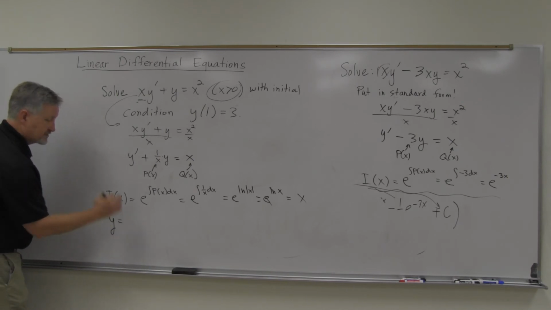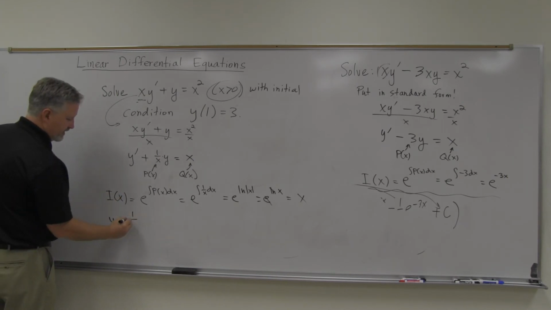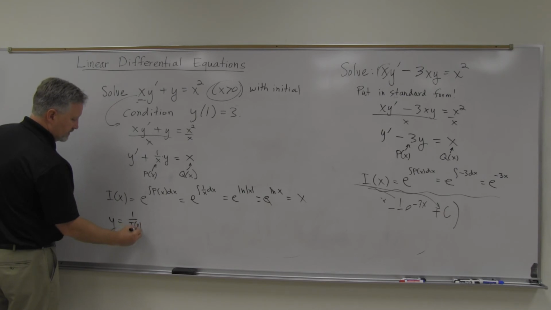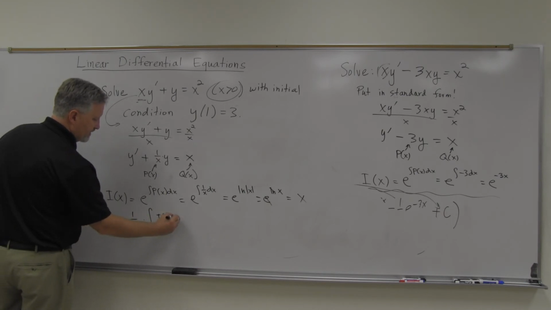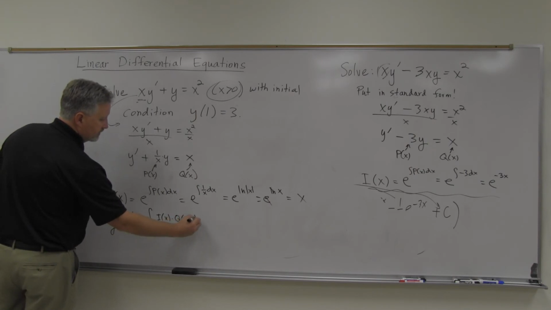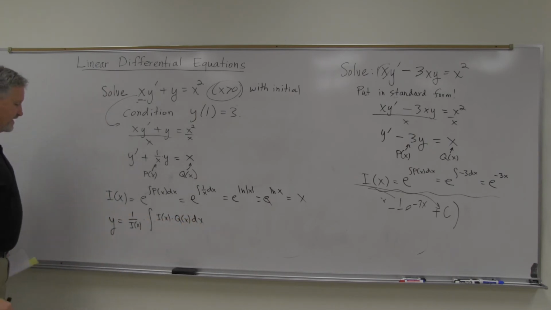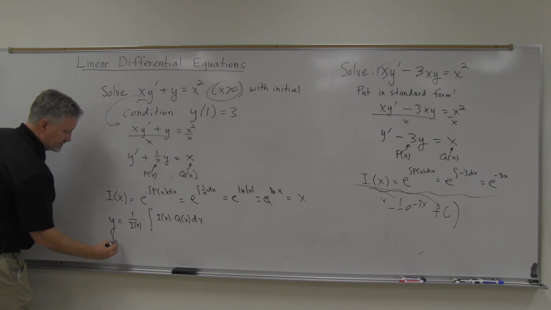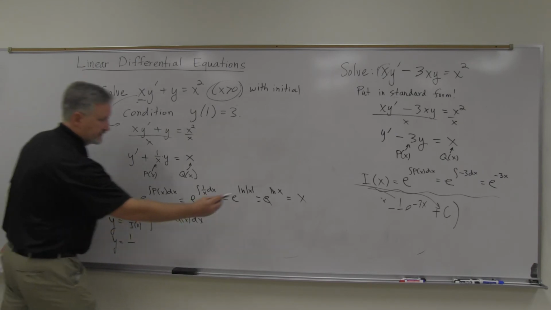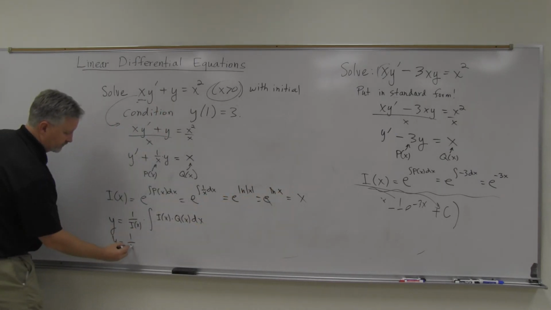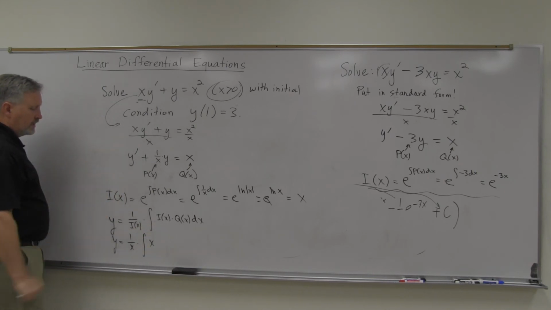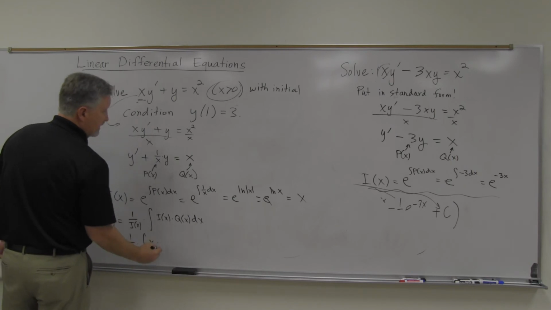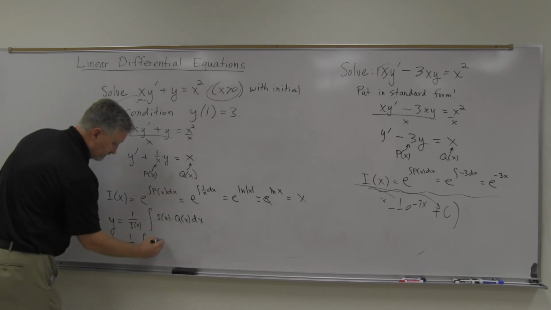All right, so now we go to our solution formula, which is 1 over I of x times the integral of I of x times q of x. Oh yeah, this one's going to work out so very nicely here because I of x is x, so it's 1 over x times the integral of I of x, which is just x, and q of x, which is also just x.